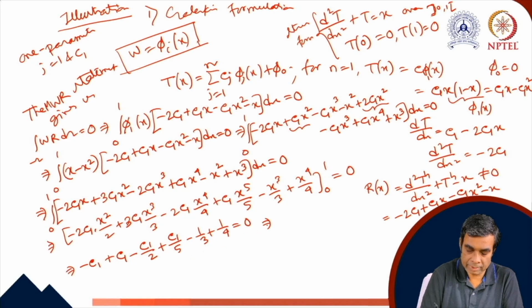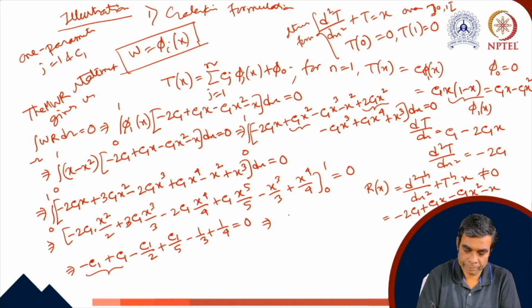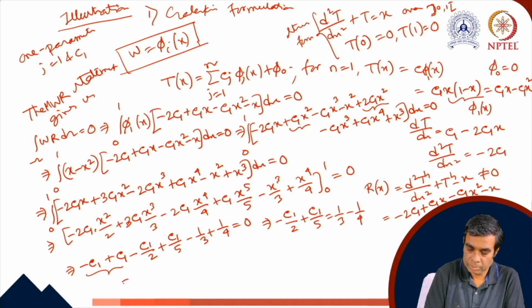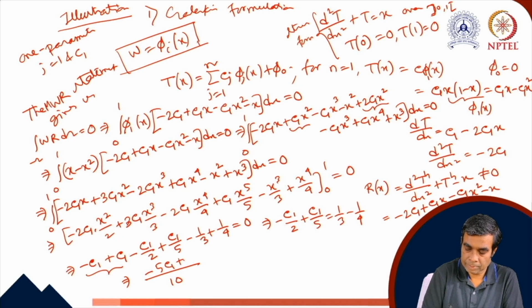These two parts cancel out. So minus C1 by 2 plus C1 by 5 equals 1/3 minus 1/4. From here we are getting minus 5C1 plus 2C1 over 10 equals 1 by 12.